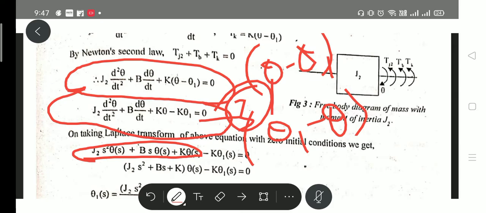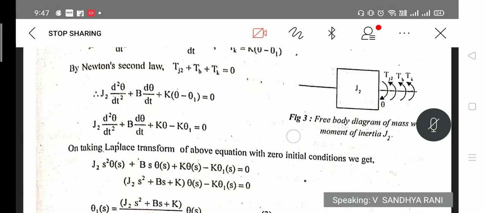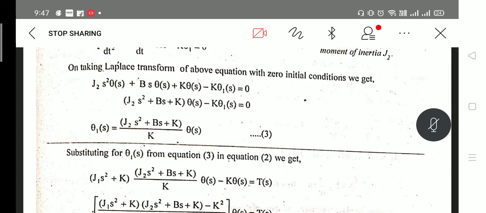From this, theta 1 of s is equal to j2 s square plus bs plus k by k, into theta of s.